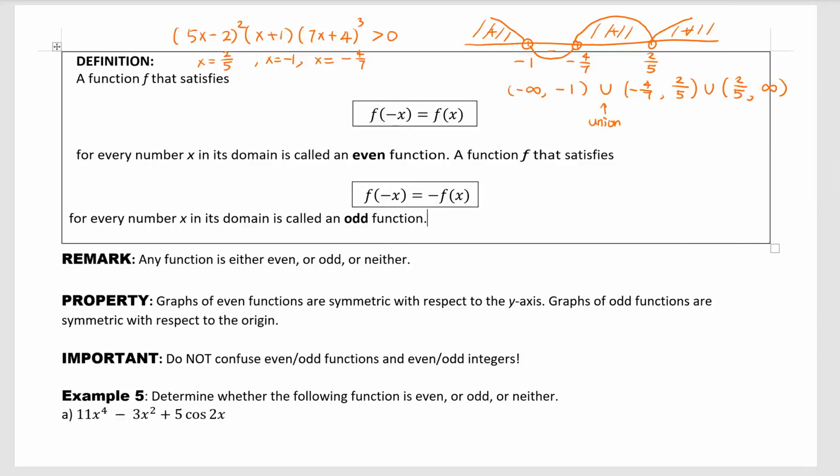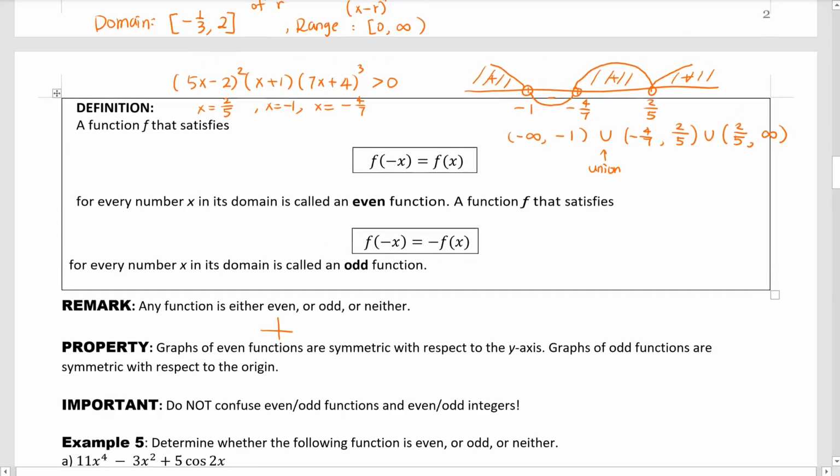Can you give me an example of an even function? The easiest example is x squared, right?